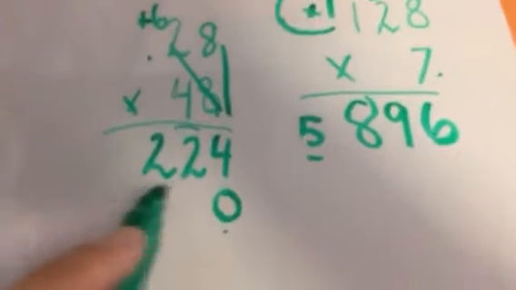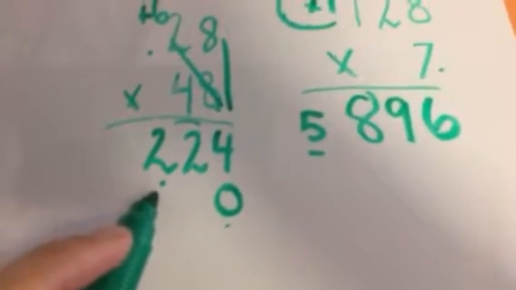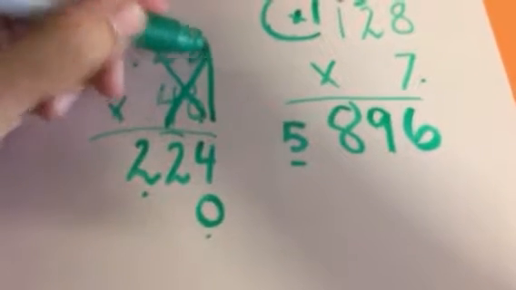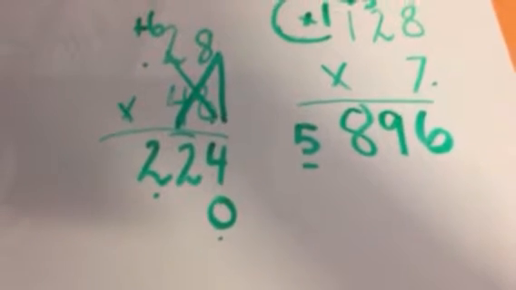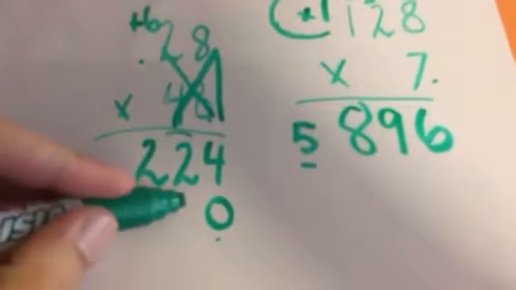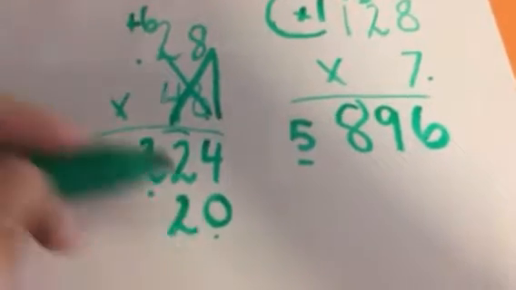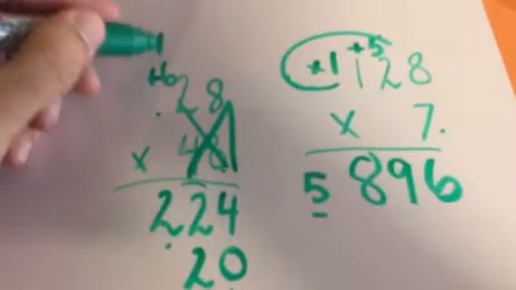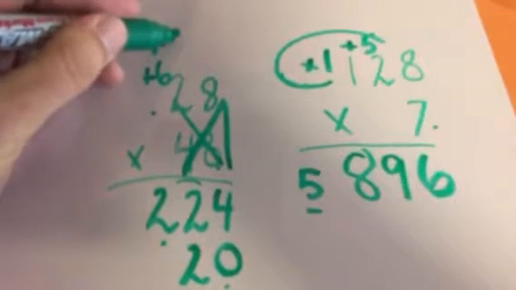So we do actually need to move over a place value. 4 times 8 is 32. Put down the 2. Carry the 3. This is why it's important to be really tidy with your work.